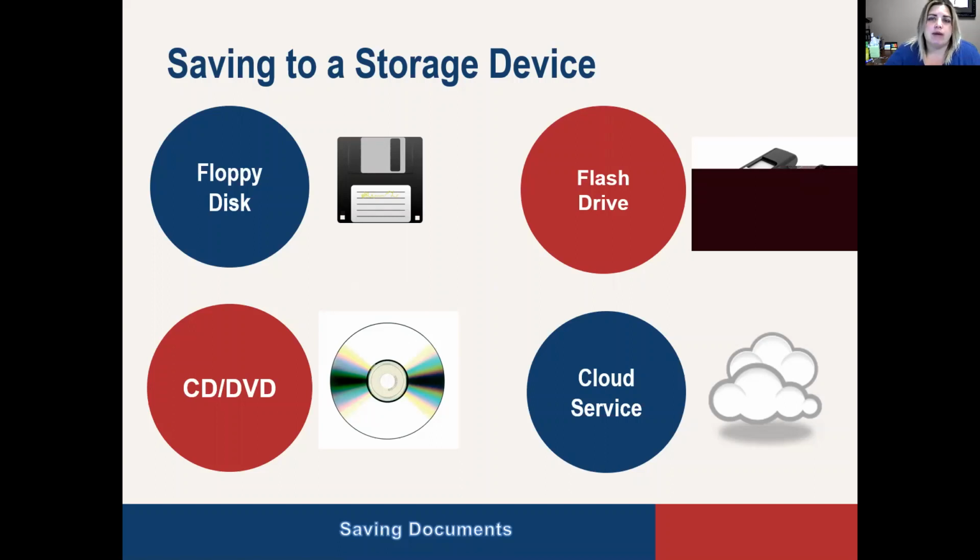Back in the day, you might be familiar with a floppy disk. Those are really outdated at this point. You might not even see a floppy disk slot on the tower of your computer. So if you do have a floppy disk, you'll have to figure out how to get it to a computer that has one of those options to insert it.